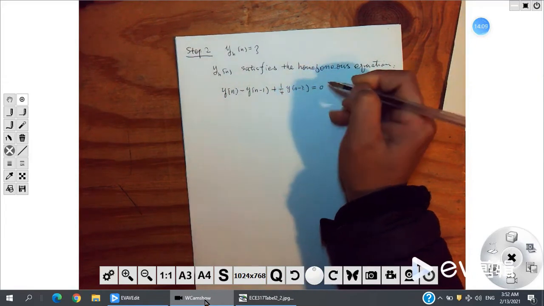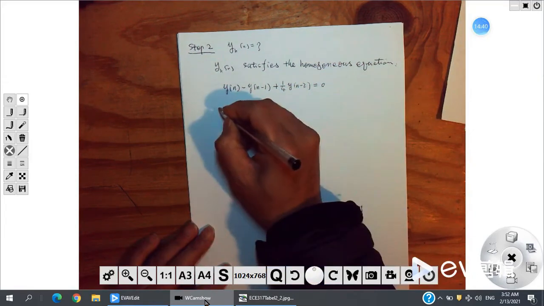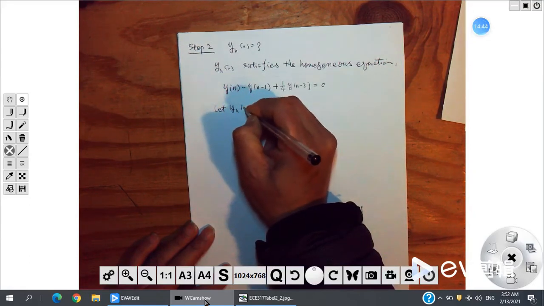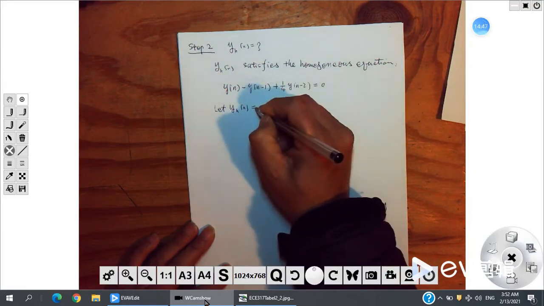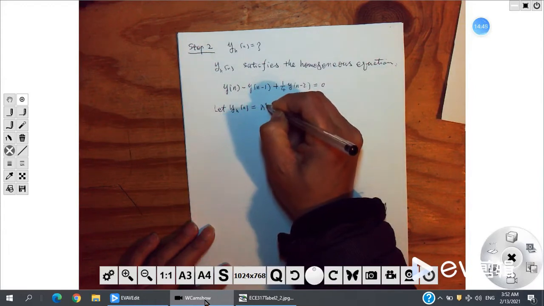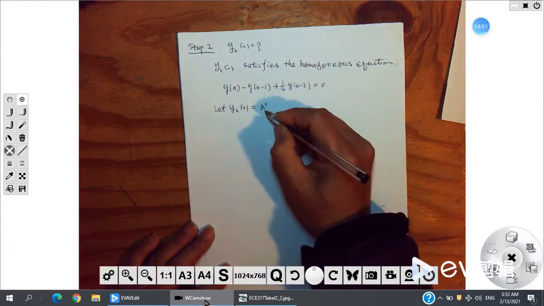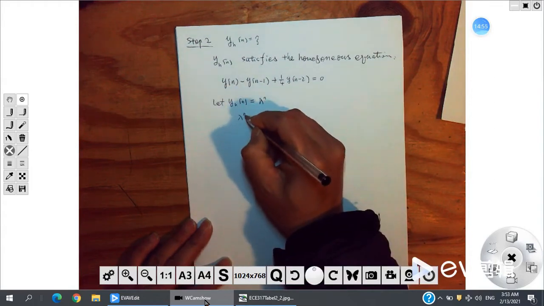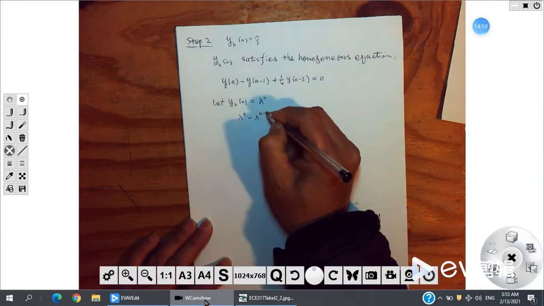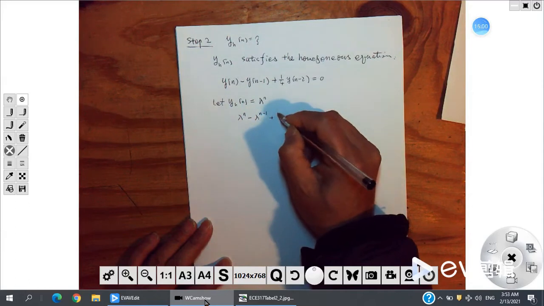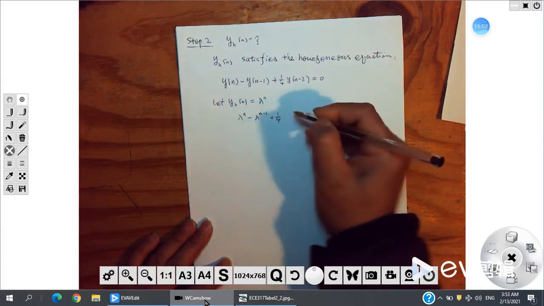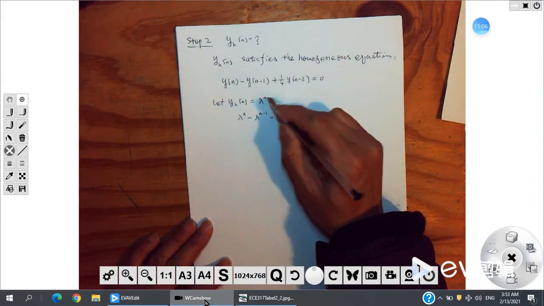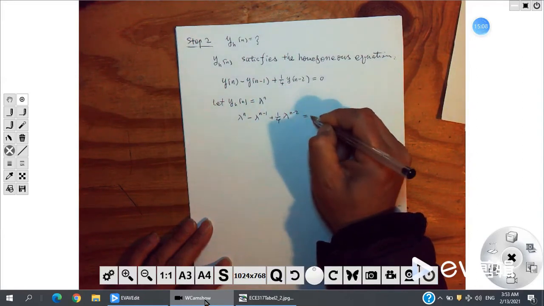It is this one. And then let y equal to some lambda to the n. Now we do not know what lambda is. We want to find lambda. Then plugging in, we have lambda to the n minus lambda to the n minus 1 plus 1/4 lambda to the n minus 2 equal to 0.